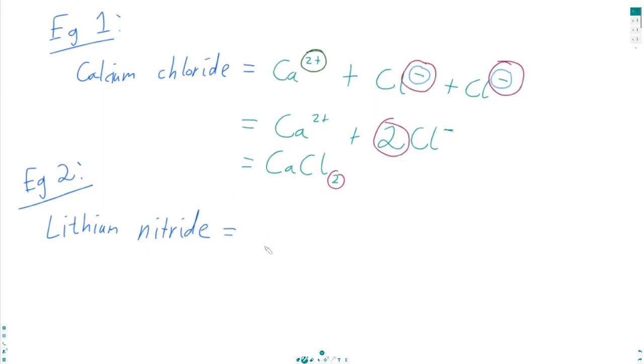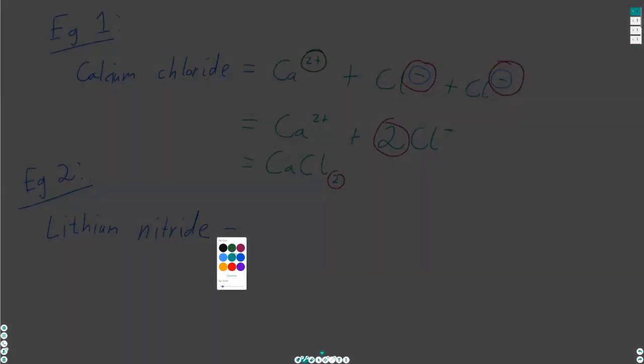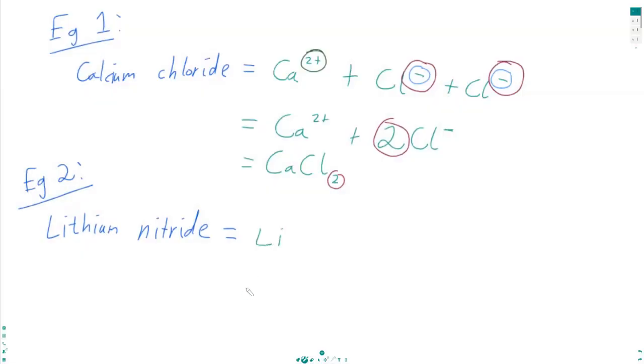Hopefully we've worked out that lithium from our table is a Li plus, a 1 plus ion, and nitrogen has a 3 minus ion, because it's in group 5, they produce 3 minus ions.